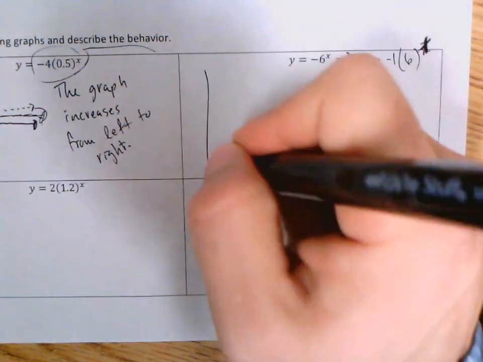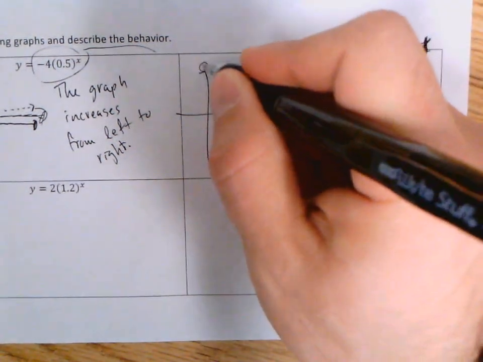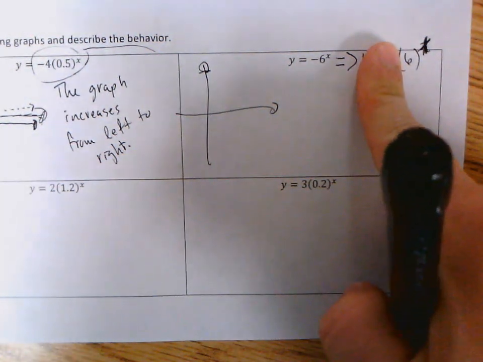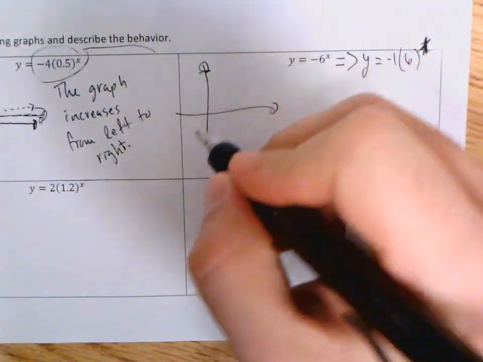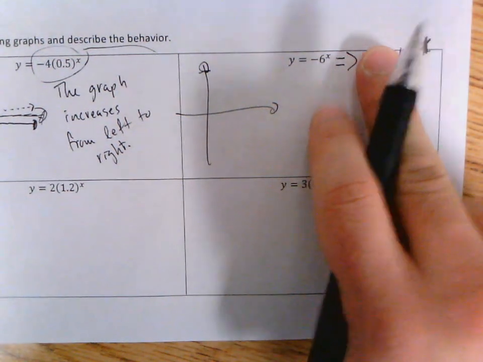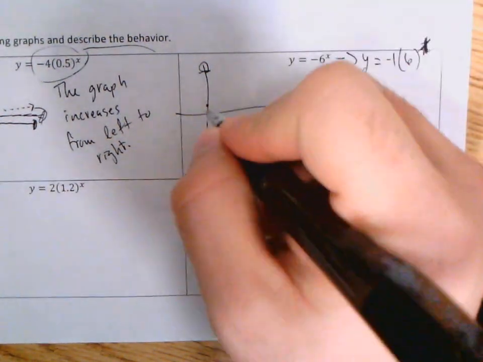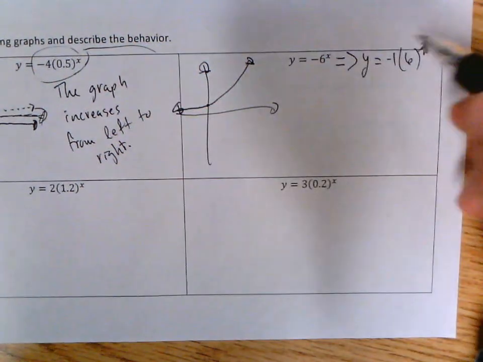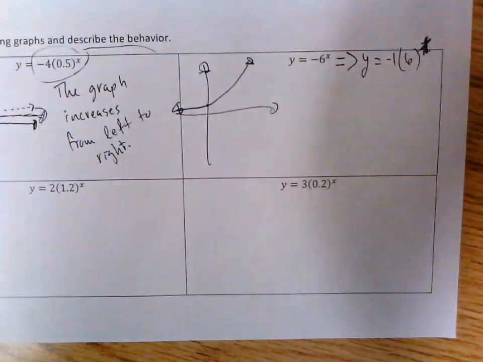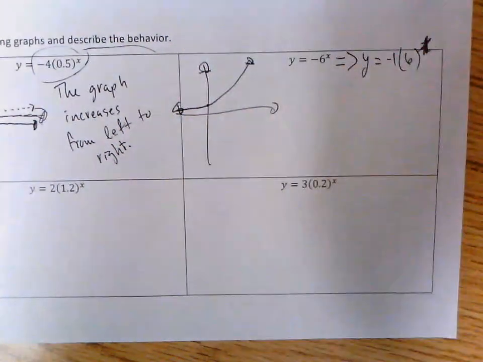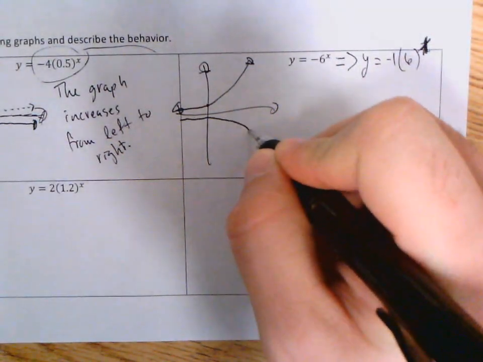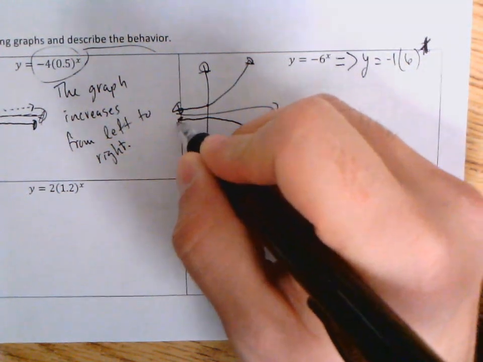So again, I can sketch the one without a negative. This will be a graph that is increasing, and it will go something like this. But because it's a reflection, then I need to flip it. So when I flip my graph, it will look something like this.